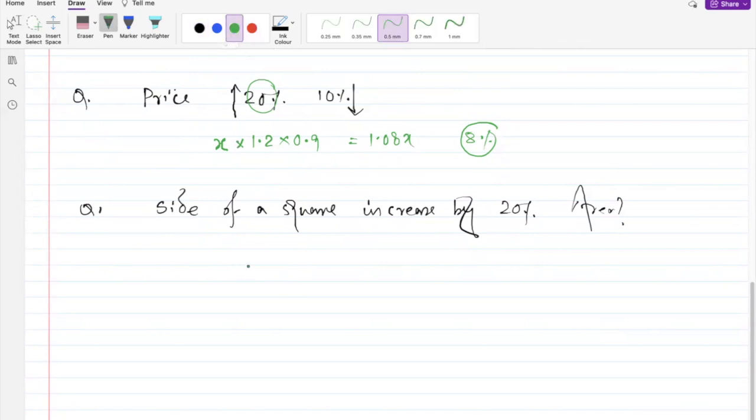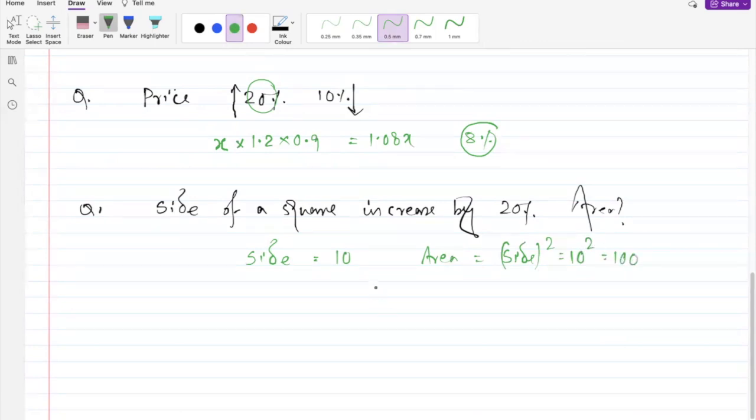So, the easier method without multiplying factor will be, if the side was 10, the area of a square, I hope you know, is side square, which will be 10 square, makes it 100.